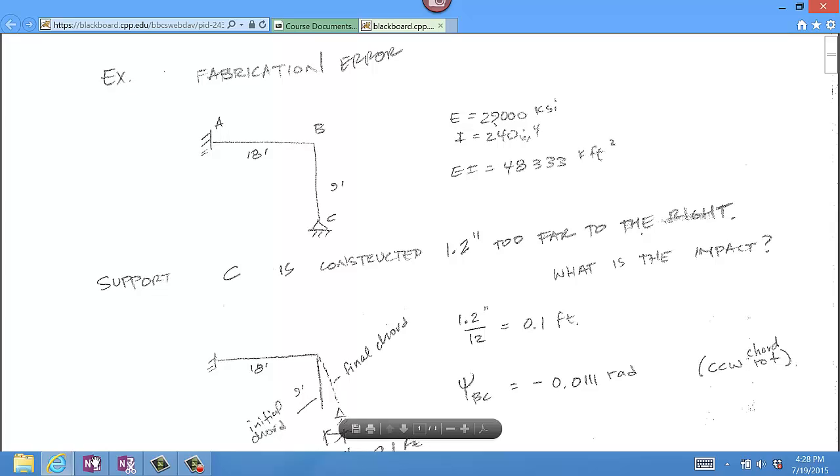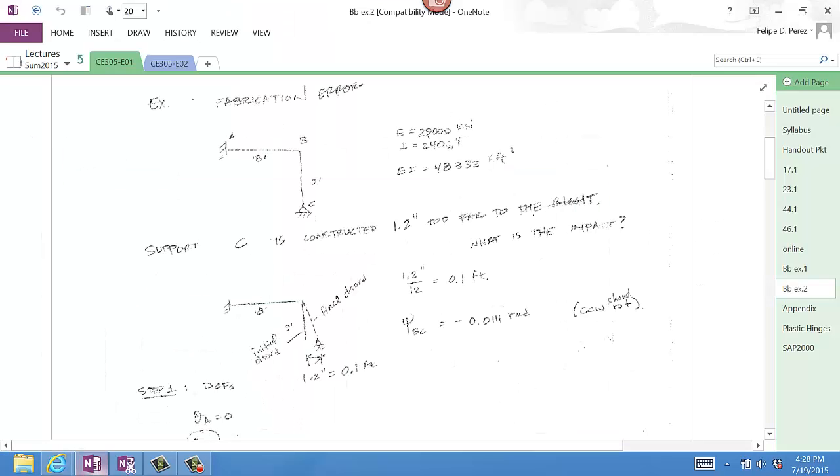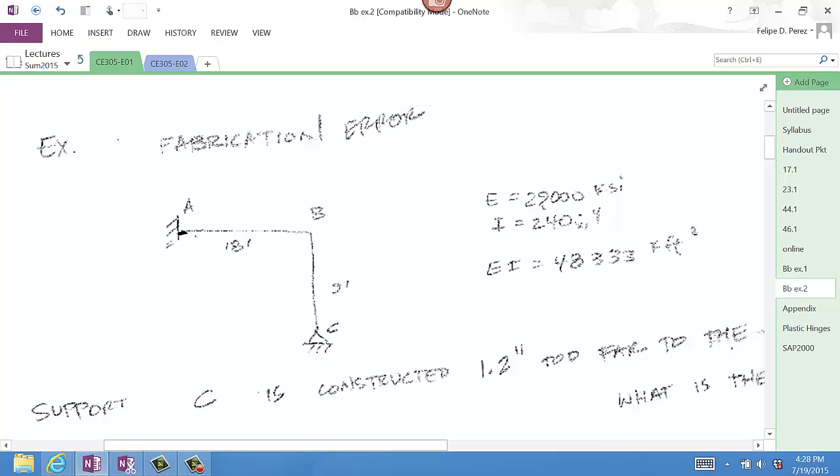There is no rotation of the chord AB. Okay, there is no chord rotation. So if I look at this here, we don't have this type of angle. That would result if you had either fabrication error this way or settlement that way as well, as shown here. Okay? We don't have that. The only thing we have is this.